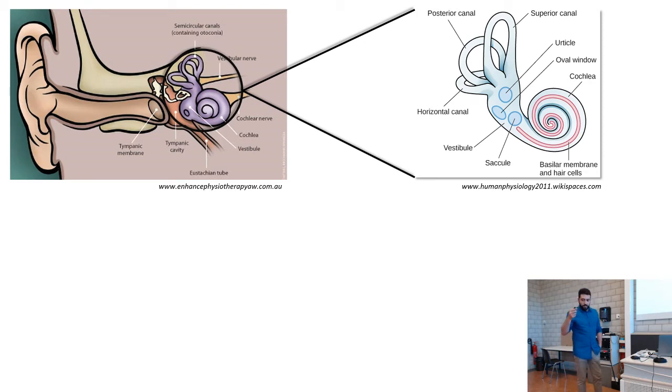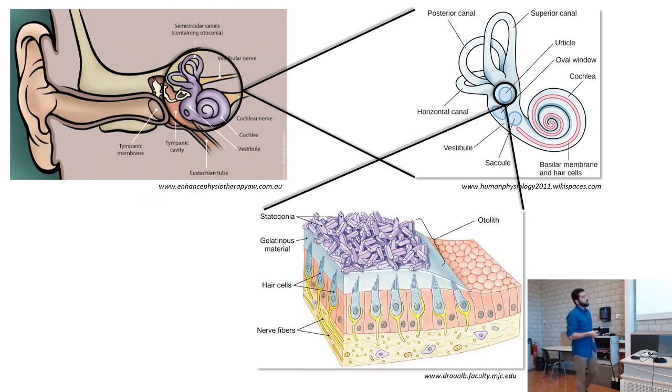These organs contain these kind of structures inside them. And this is exactly how they function and how they're able to encode linear acceleration. So these purple crystals on the top, these are calcium carbonate crystals. And they form basically a platform, if you like, on top of these hair cells.